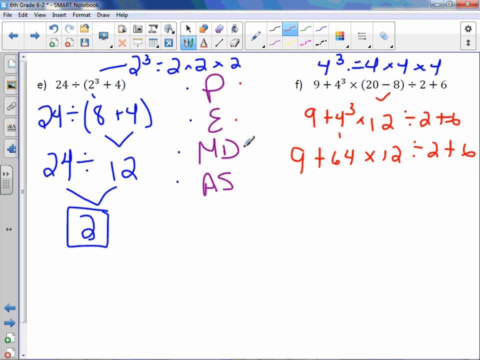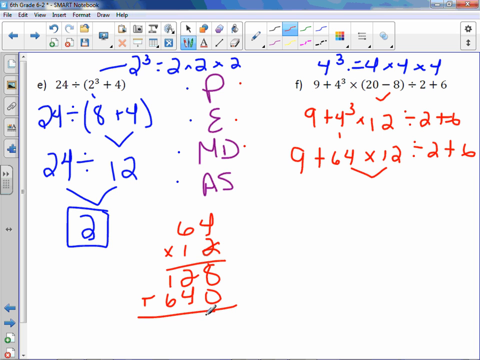Multiplication and division. Looks like I have to do 64 times 12. So I get 768. 9 plus 768 divide by 2 plus 6.